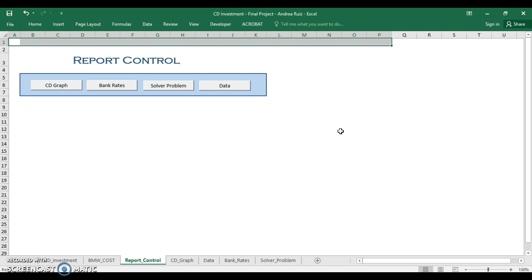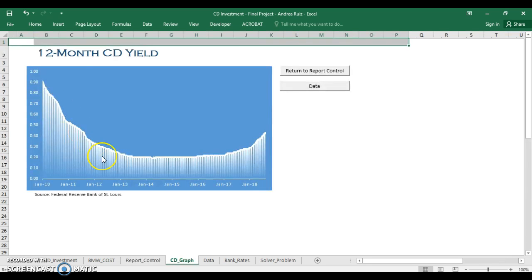Now, let's take a look at the performance of 1-year CDs in the last 8 years. You will notice that in 2010 and 2011, the rates were significantly higher but with a steep decline. This is due to the fact that the US economy was still in its recessionary phase.